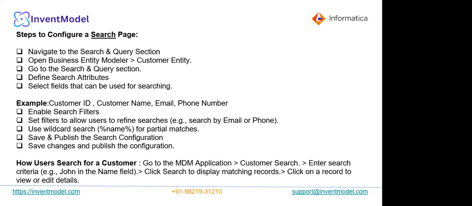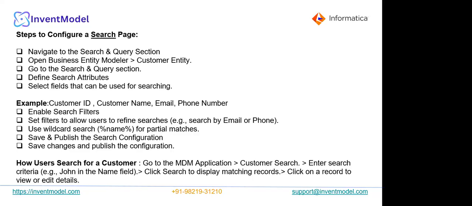There we go to the search and query option and define the search attribute. We can drag and drop the field and select the column, selecting the attributes we have defined, like customer ID, name, email, phone number. We need to ensure that the searchable filter is enabled while defining the attribute.